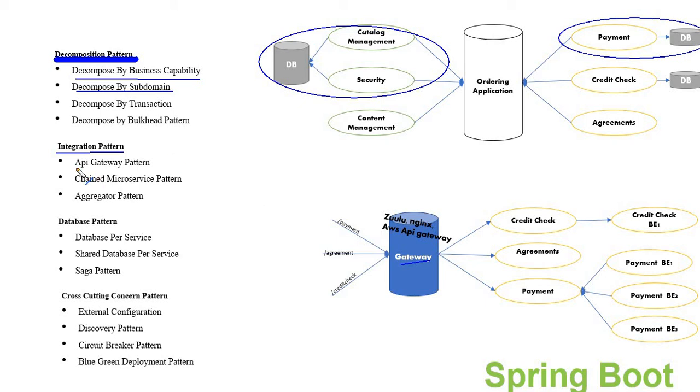So we can start with the API gateway pattern. This is about making use of a gateway to integrate the request and the microservice. This is a must for all applications which are using microservices, because the gateway will be doing a lot of things.